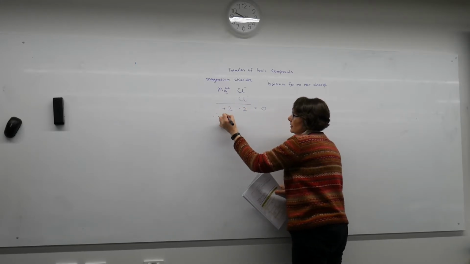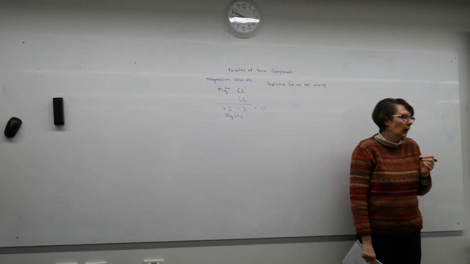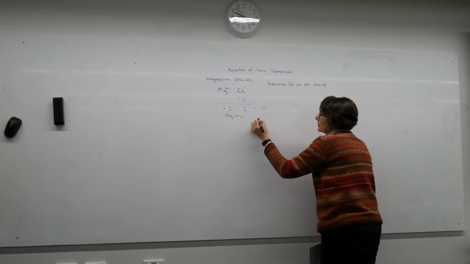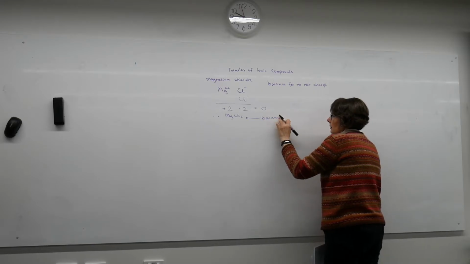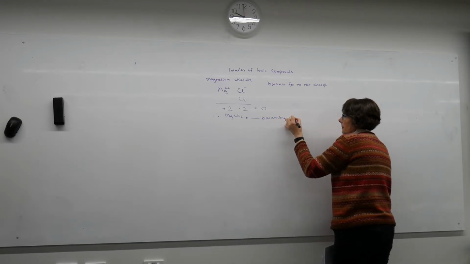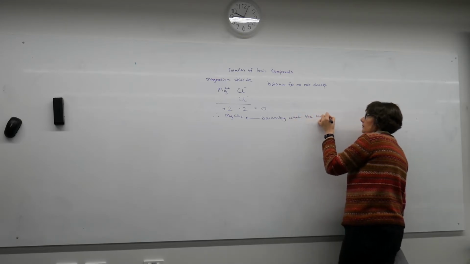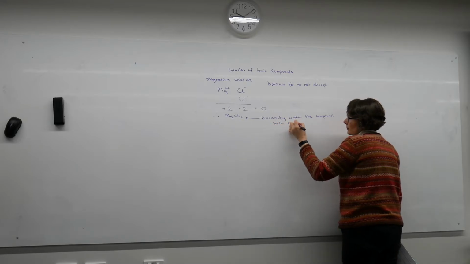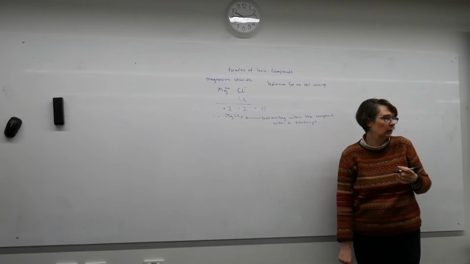So therefore balanced is MgCl2. Our balancing is always done with a subscript. Okay, subscript being a little number.